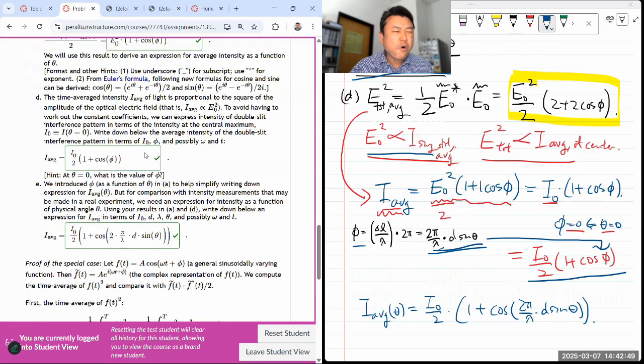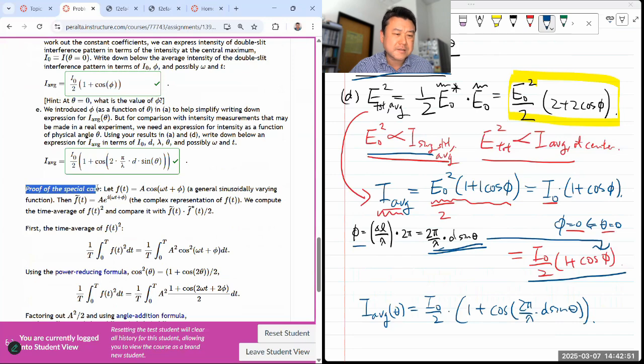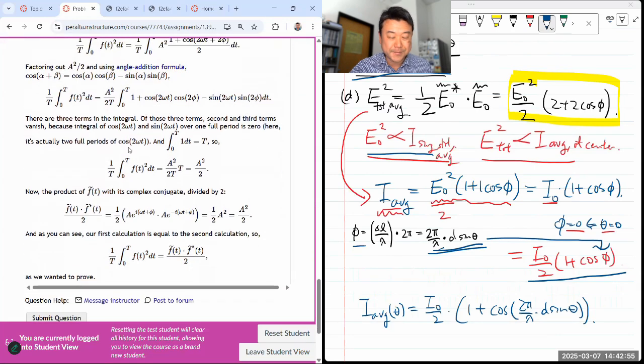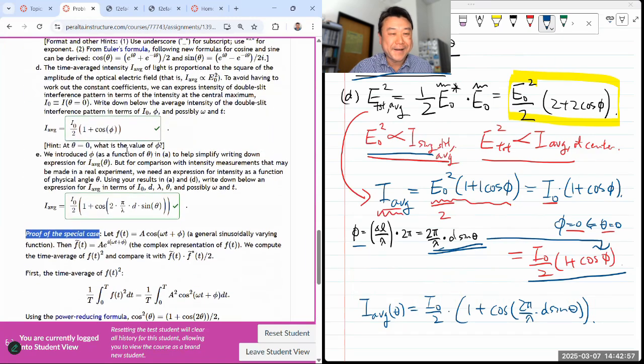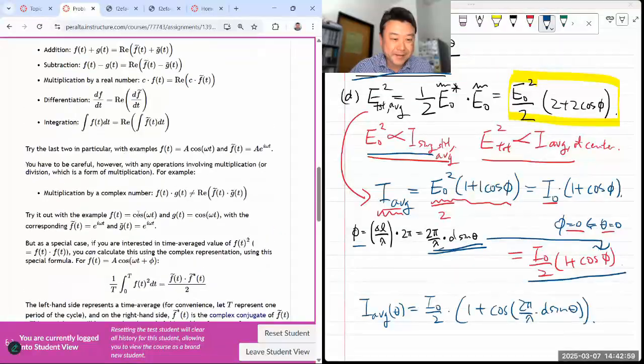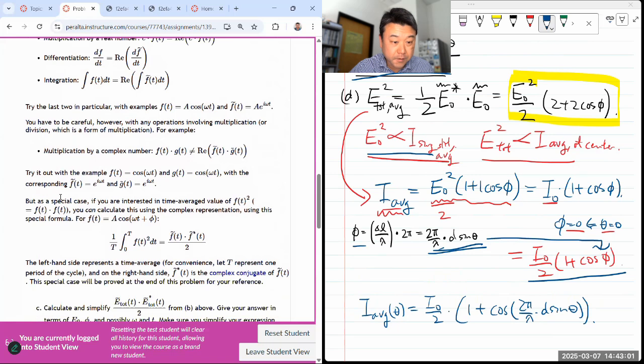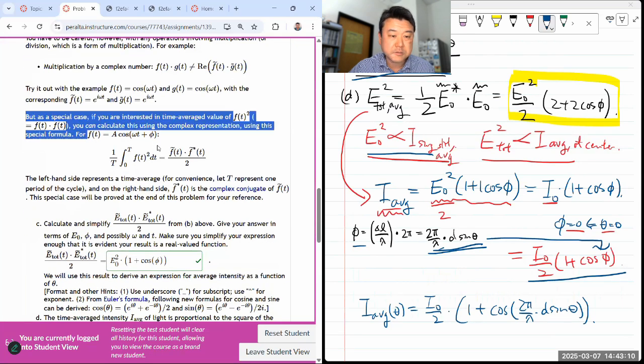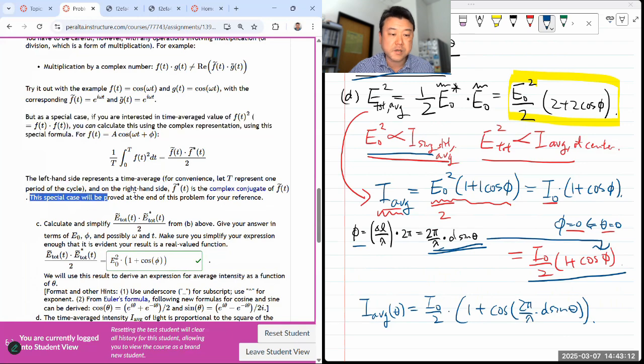So good. Oh, I guess the proof of the special case is not part of the tutorial. That's why there was all this material remaining, but we are done. So as a special case, it says the special case will be proved at the end of the problem for your reference.